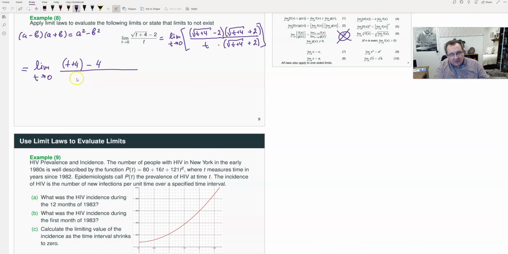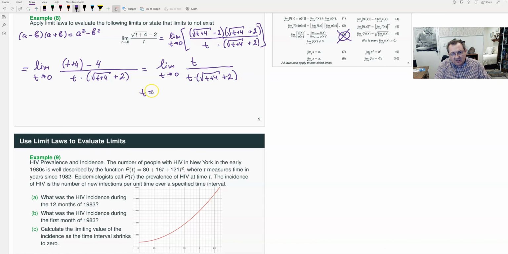In the denominator, I will have t, and I also will have that conjugate term, radical of t plus 4 plus 2. We notice that the numerator simplifies, the 4 cancels, so we will have limit as t goes to 0 of t, and the denominator is t multiplied by the term radical of t plus 4 plus 2.